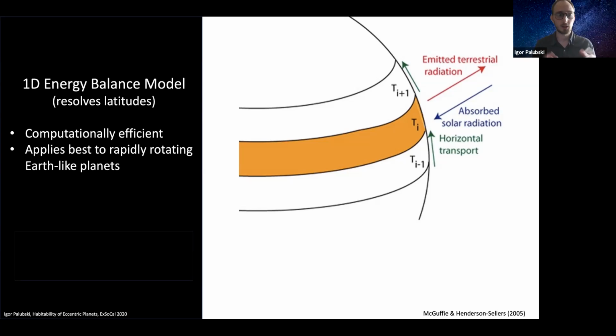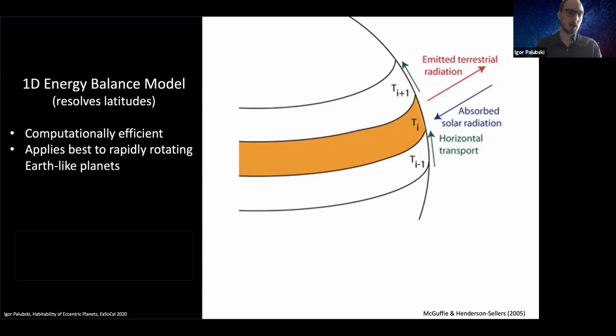Now, because here we're using a one-dimensional model, where this one dimension resolves latitudes, the results of our simulations really apply best to rapidly rotating planets, because we have this implicit assumption that our climate has a multiple symmetry around its rotation axis.